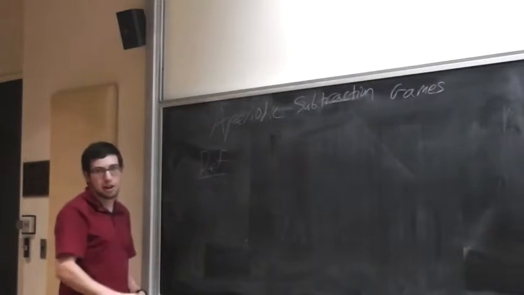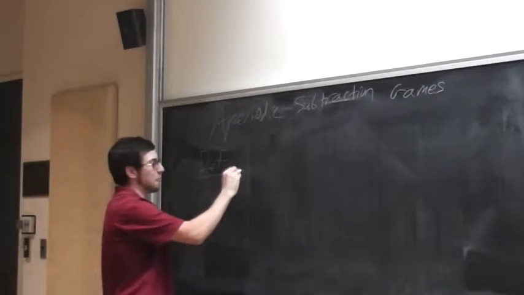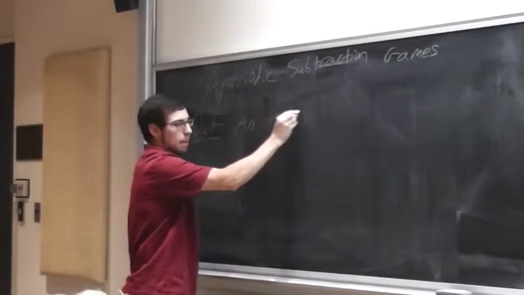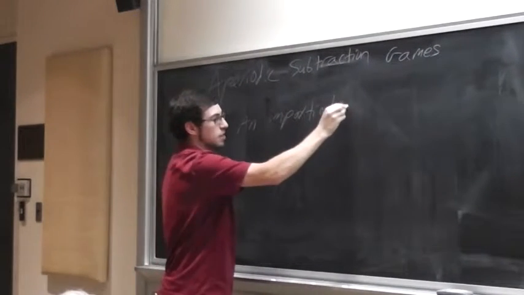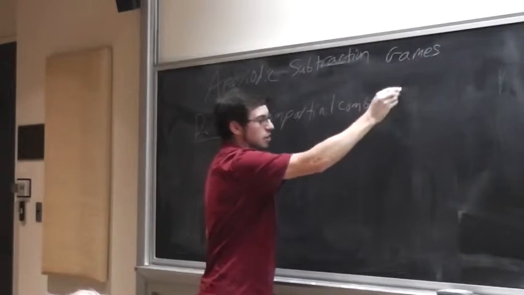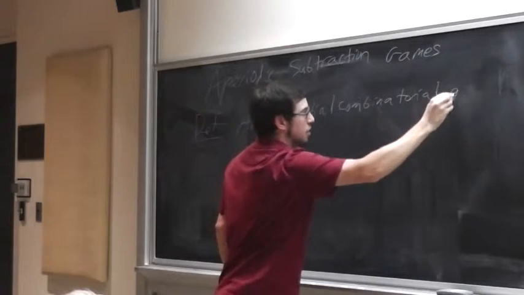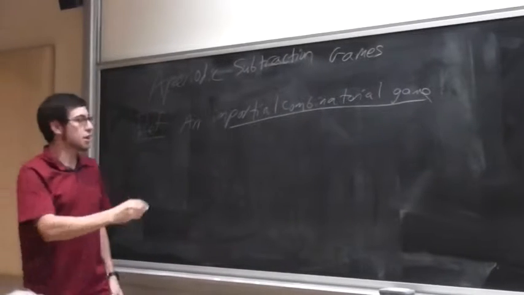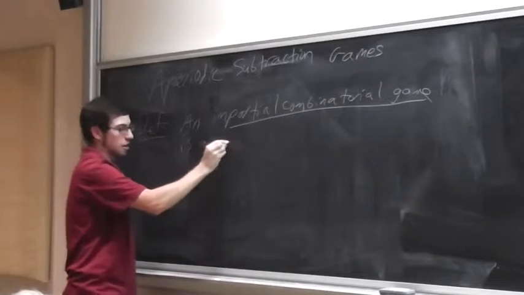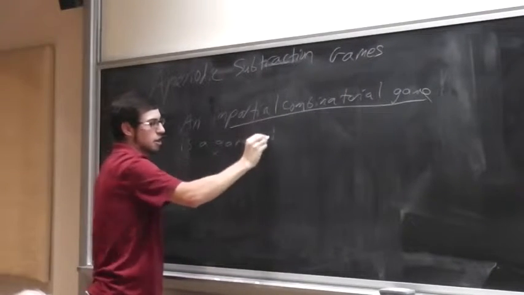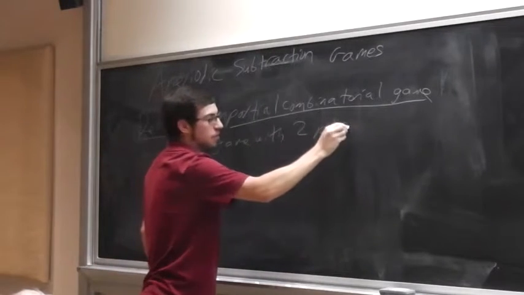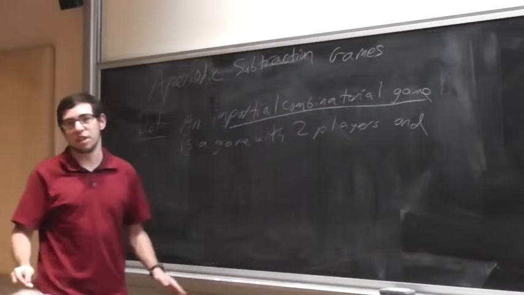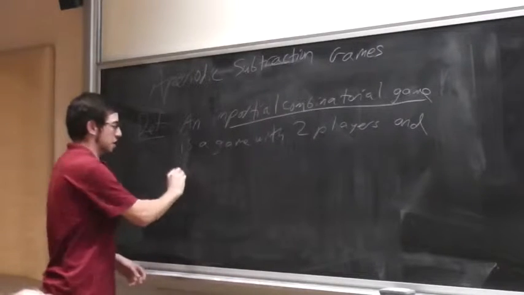By a game, I'm going to mean an impartial combinatorial game. There's a few equivalent definitions. It's going to be a game with two players, and it's going to have positions indexed by the non-negative integers.